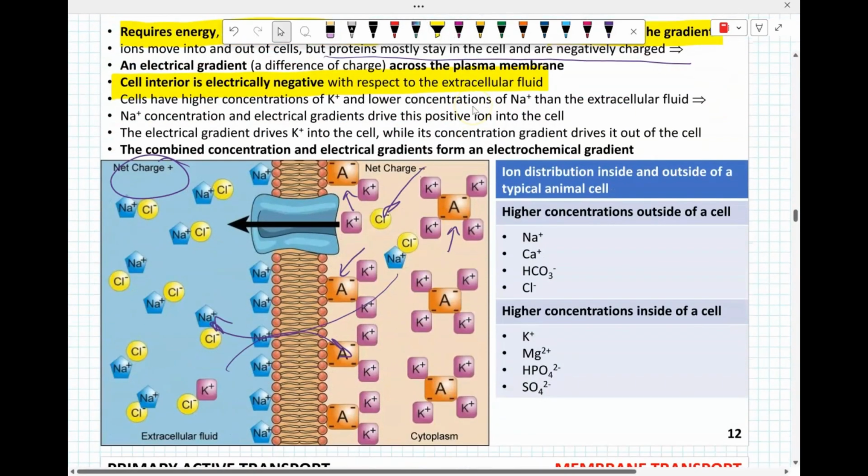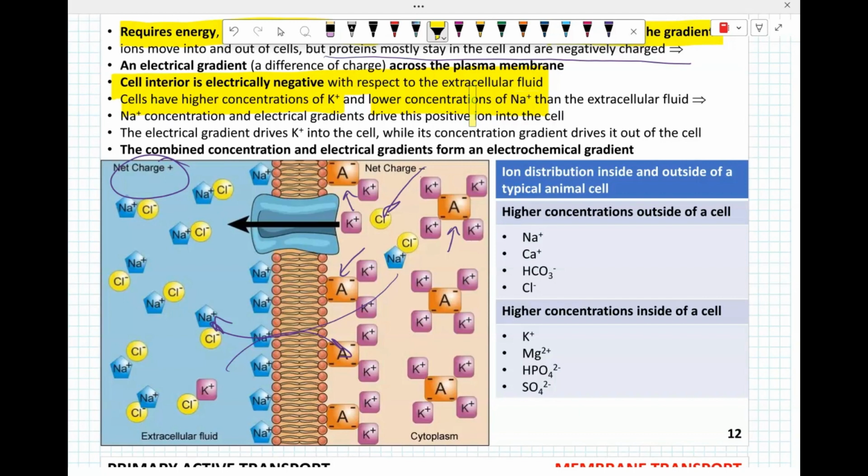Now we know it has been measured that the intracellular concentrations of potassium are greater than the extracellular ones, as you can see on the illustration below. On the other hand, concentrations of sodium are greater in the extracellular fluid. So overall, the diffusion of sodium will be driven into the cell by both the negative charges and the concentration gradient.